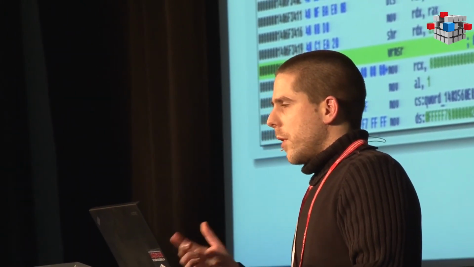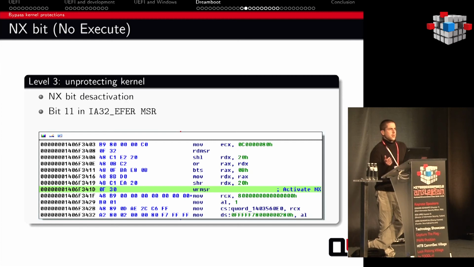With IDA, for example, you just have to do some cross-reference on the string "nonexecute", which is a parameter for the BCDEdit tool if you want to deactivate NX. So we just have to patch to jump over this code and never execute it, and the NX bit will not be activated.